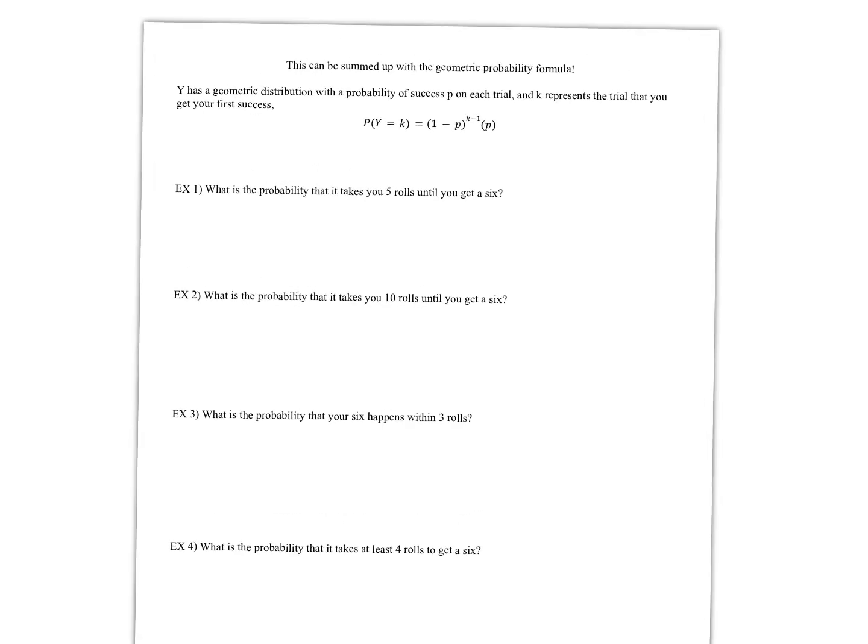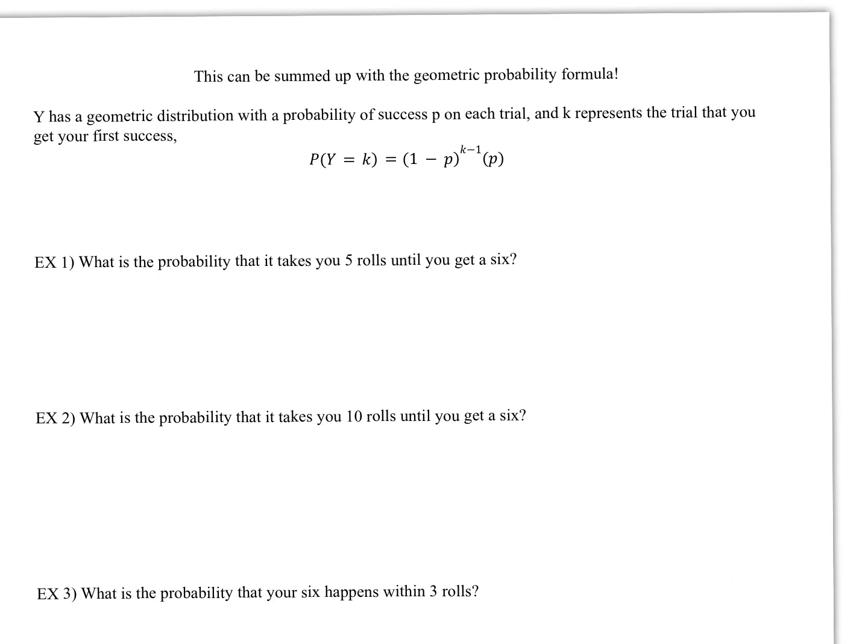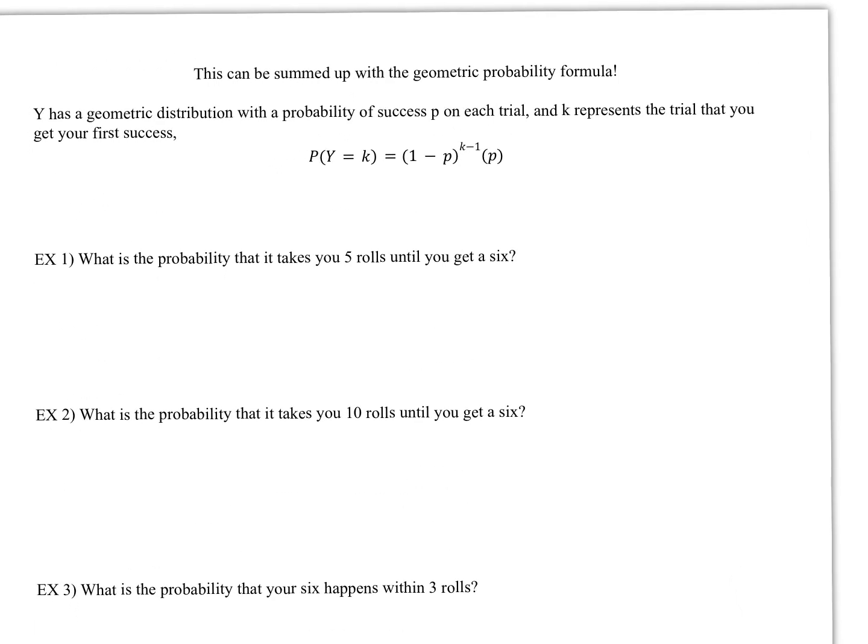So we can write this as a formula similar to when we did the binomial distribution. So y has a geometric distribution with a probability of success p on each trial. K represents the trial that you get your first success.